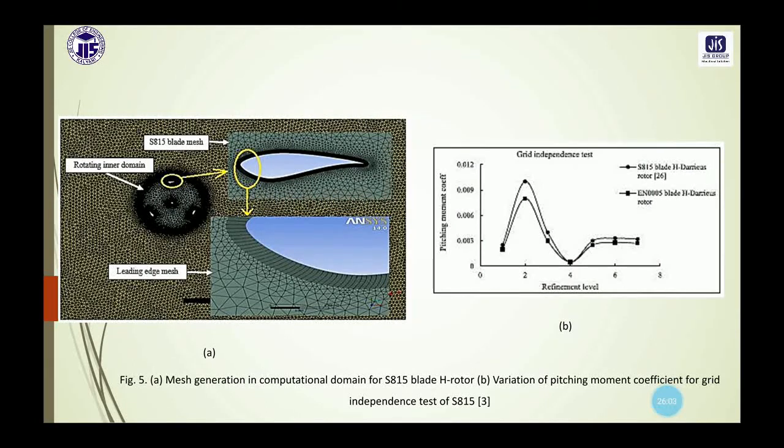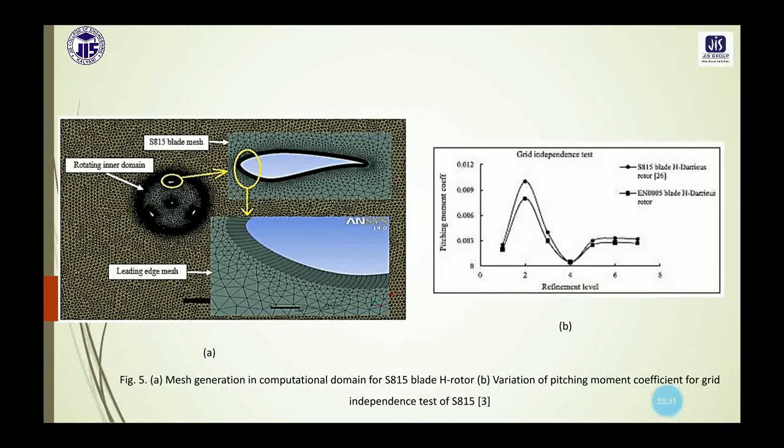The logic is that there is a sudden change of air pressure and air velocity at the surface of these blades and near the wind turbine.